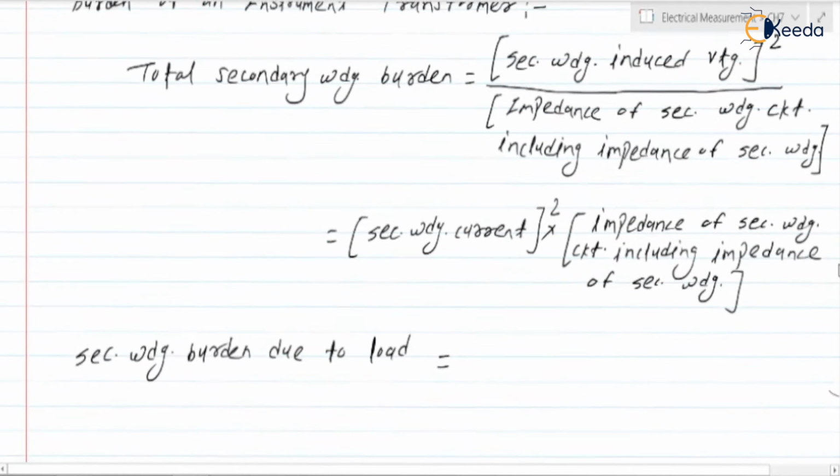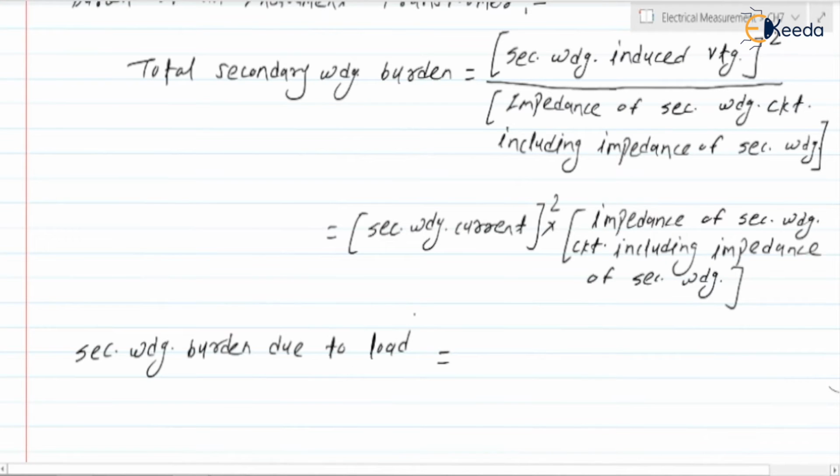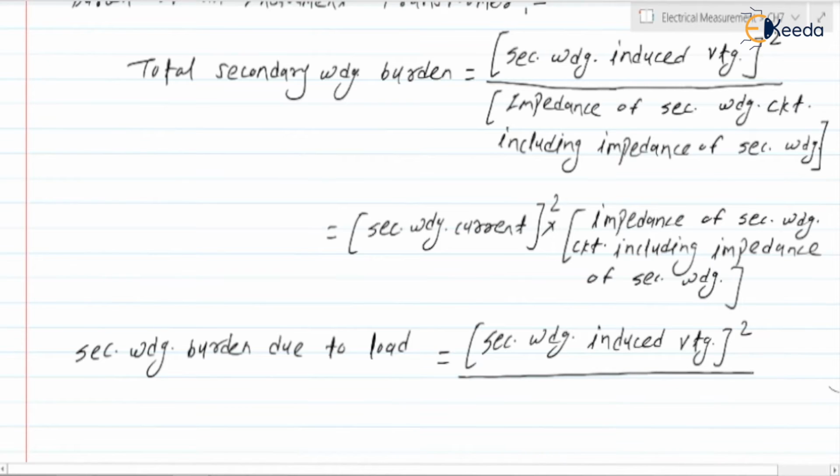So the secondary winding burden due to load is the secondary winding induced voltage squared, divided by the impedance of the load on the secondary winding, meaning only the load impedance we need to consider.